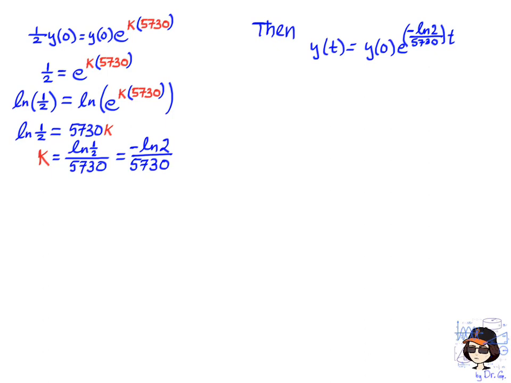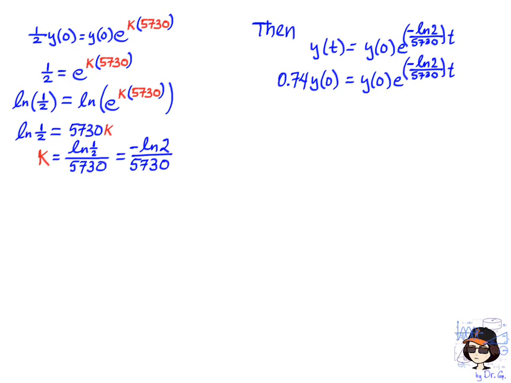So now I want to know how long ago did this thing die? So I have 74% of the original amount of C14, and I set that equal to the function y of 0 times e to the kt. And now I'm going to solve this for t.